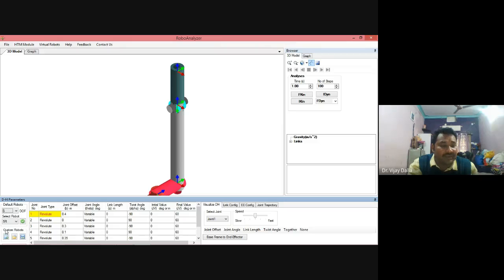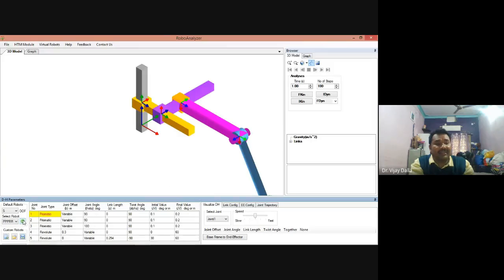Suppose a 5 degree of freedom robot. Okay, so for a 5 degree of freedom robot, we can have all the joints as revolute or a prismatic-revolute combination, like this one.